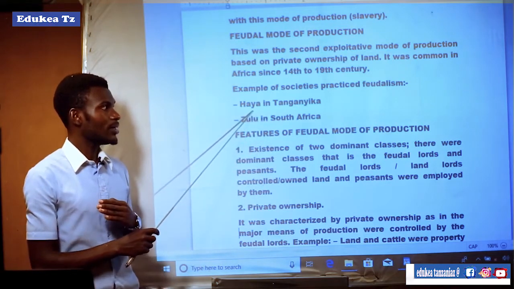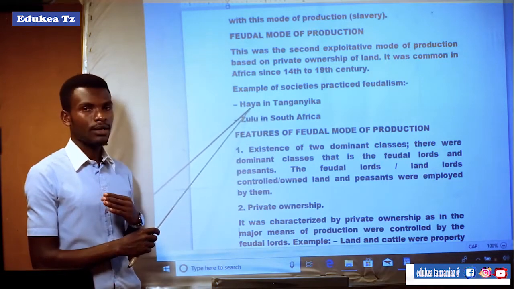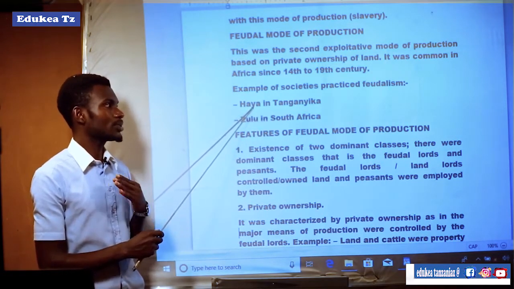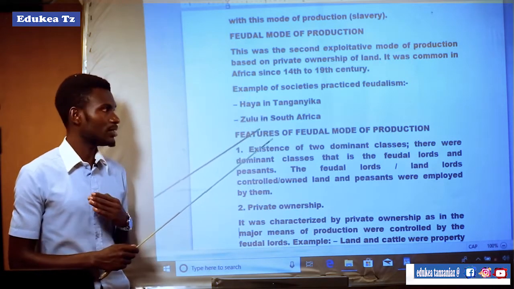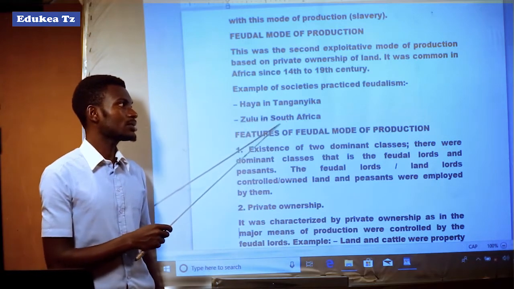This was the feudal system practiced in the Haya society in northern Tanzania. But there is also the Zulu in South Africa.